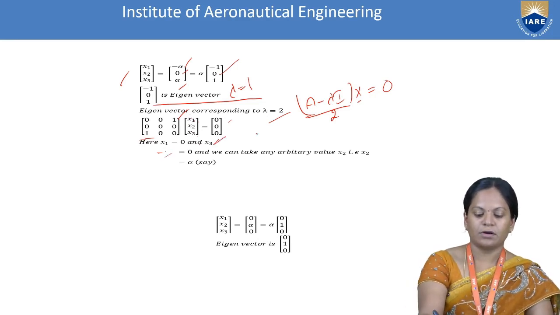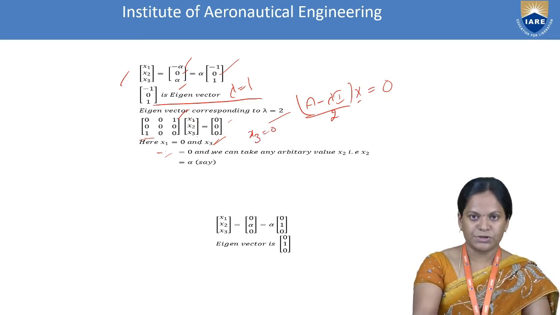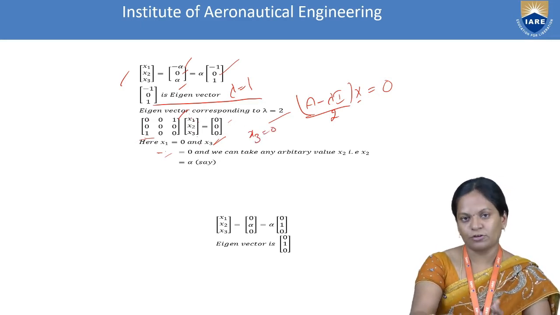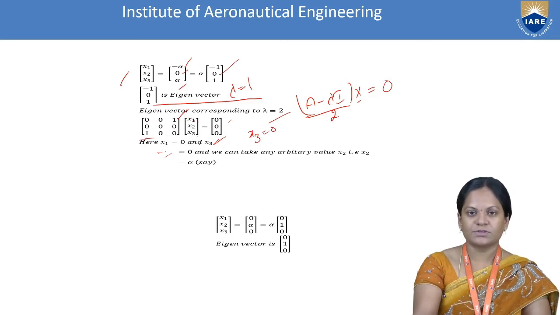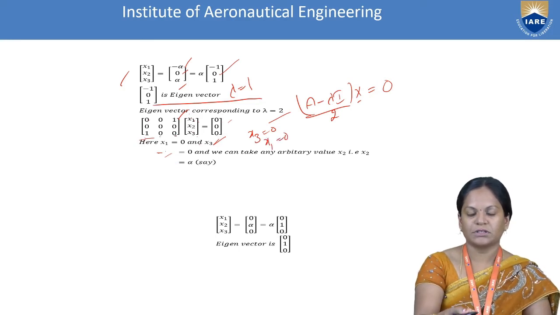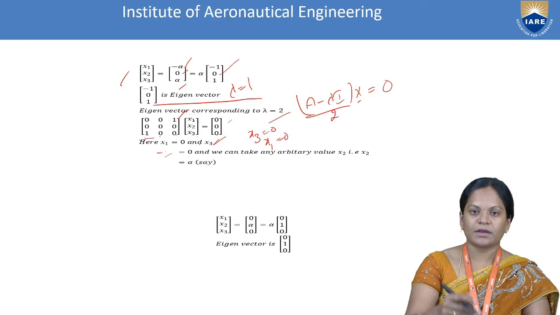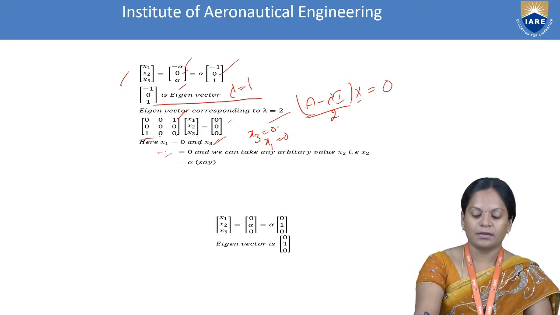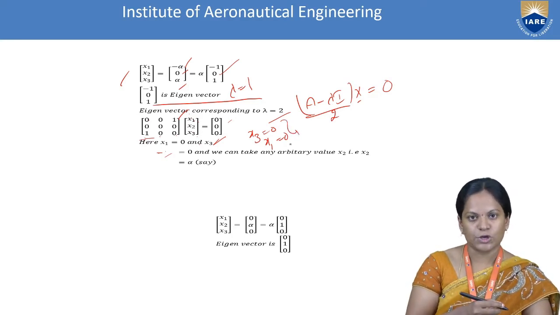From the first row I got x3 equal to 0, and in the second row all the entries are zeros, so I am not getting the x2 value from this matrix. In the last row we have 1, 0, 0: 1 into x1, x1, and the remaining are zeros. So there is no relation with x2 and x3. So I got x3 and x1 as zeros.